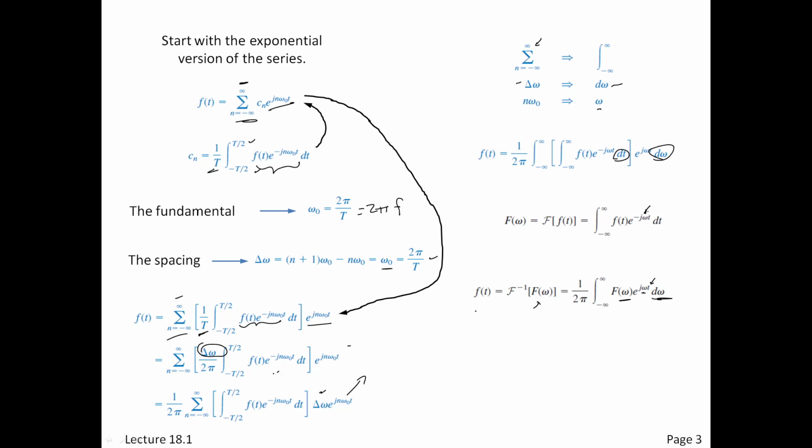Up here, omega was the constant and t was the variable. You can see the back and forth between the frequency domain and the time domain; it looks very similar. So there's a relationship. We have here both the transform and the frequency: this is the series in t, and this will be a series in omega.